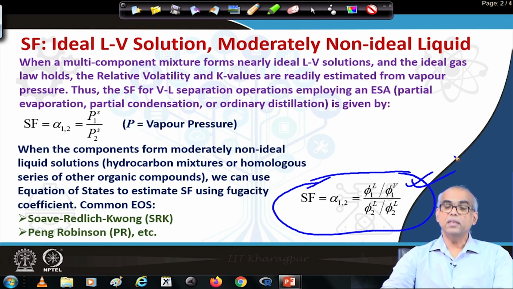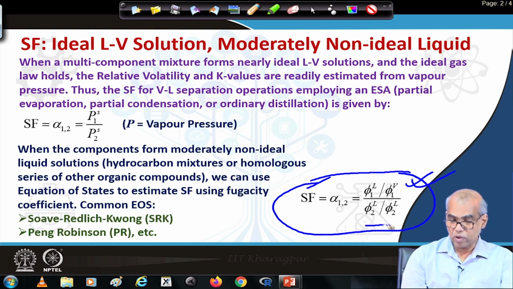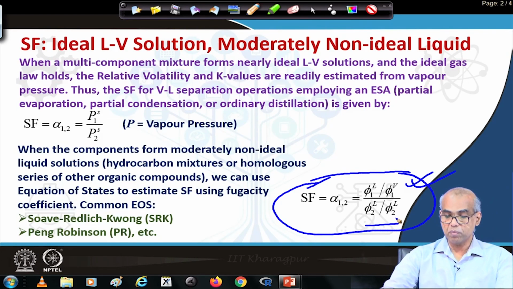Note that in the numerator you have the fugacity coefficient of component 1 in the liquid phase divided by fugacity coefficient of component 1 in the vapor phase, and in the denominator you have the fugacity coefficient of component 2 in the liquid phase divided by fugacity coefficient of component 2 in the vapor phase.